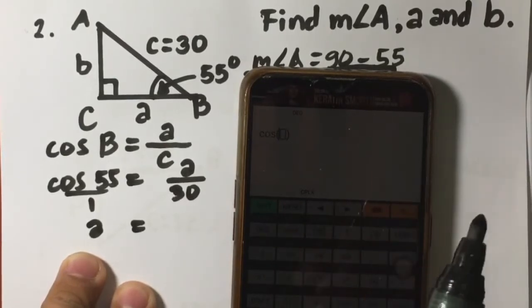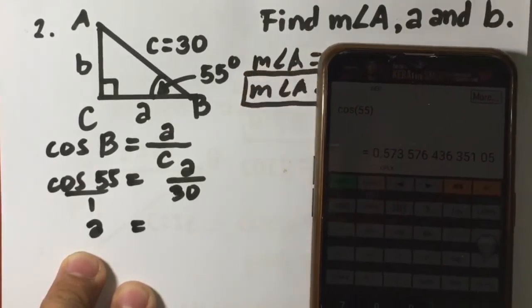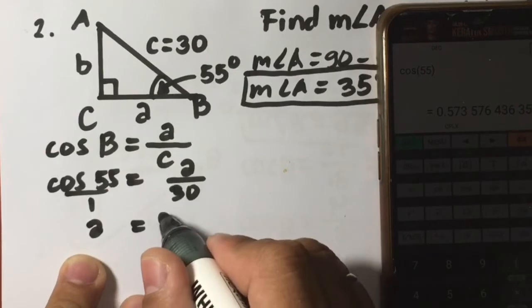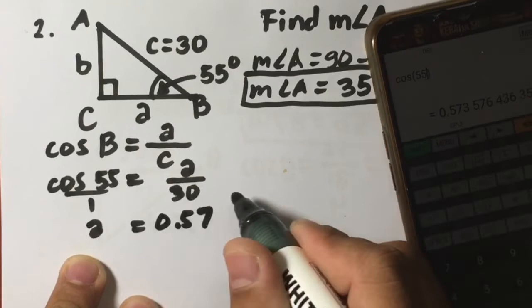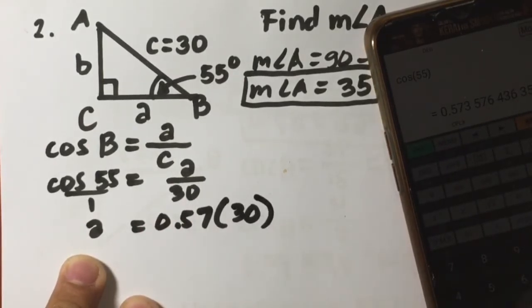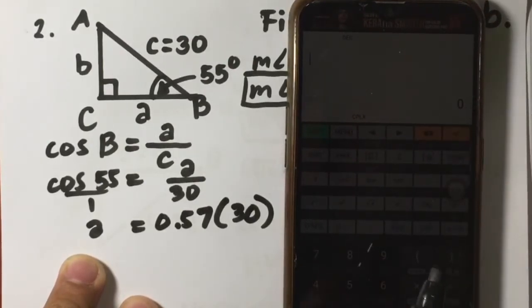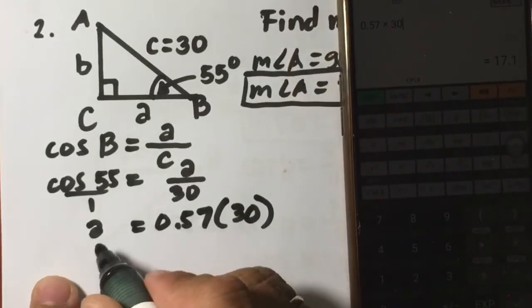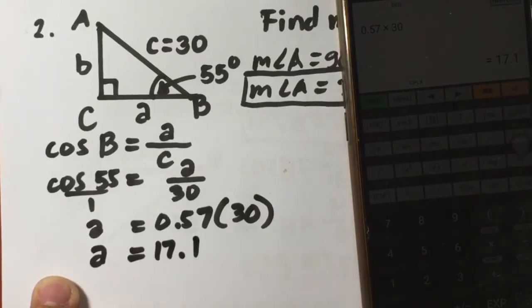Cosine of 55 is equal to 0.573, or 0.57. Then multiplying 0.57 times 30 is equal to 17.1. So A here is equal to 17.1.